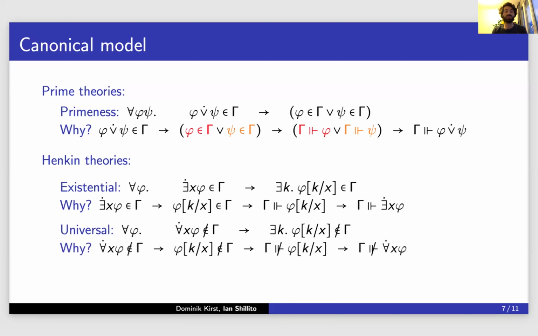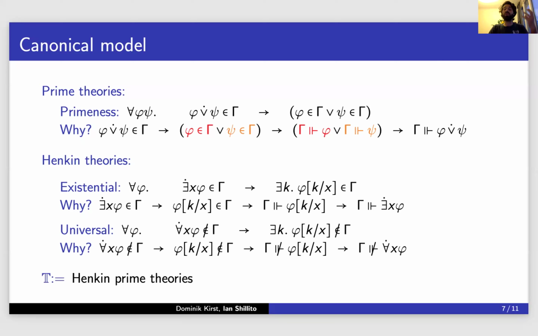And so once again, this is just motivated by the truth lemma: if a universally quantified formula is not in gamma, then phi of k is not in gamma. By induction hypothesis, gamma does not force phi of k, and so gamma does not force the universally quantified formula. So that's all we need. Our canonical model needs to have Henkin prime theories.